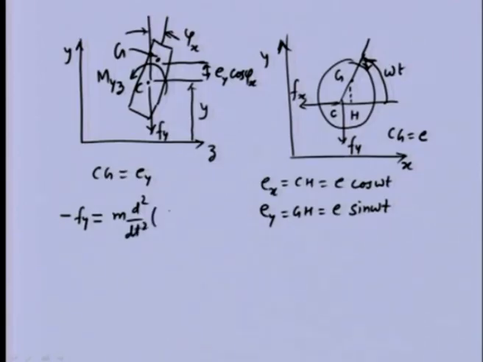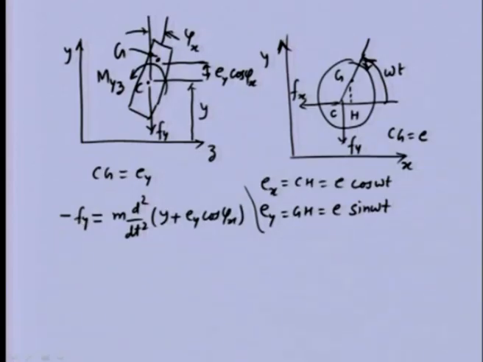The location of the center of gravity is y, that is this distance, and then e_y cos phi x. So the right hand side term is the inertia term, and the left hand side term is the reaction from the shaft, that is the elastic force coming from the shaft.